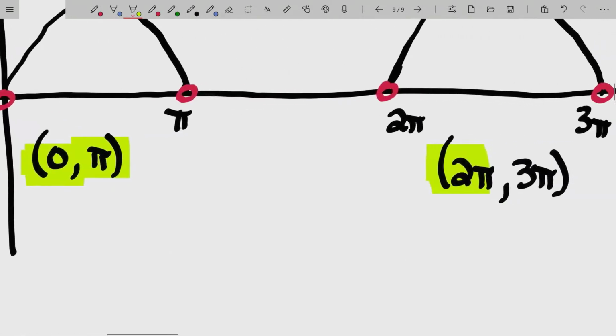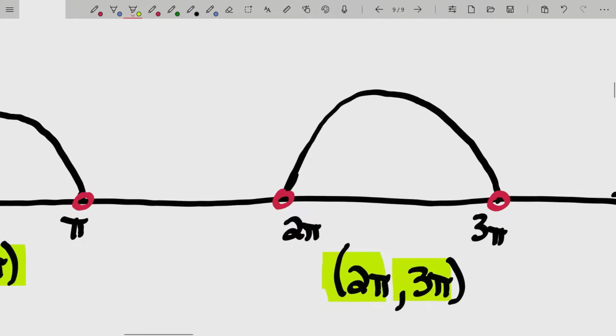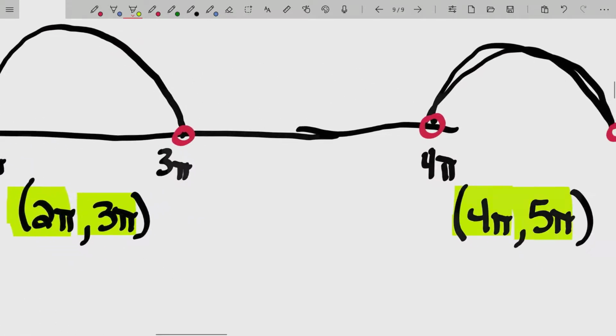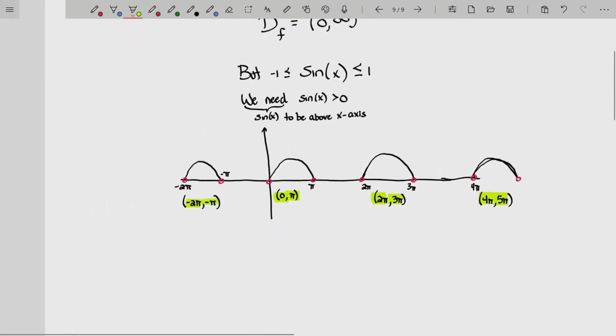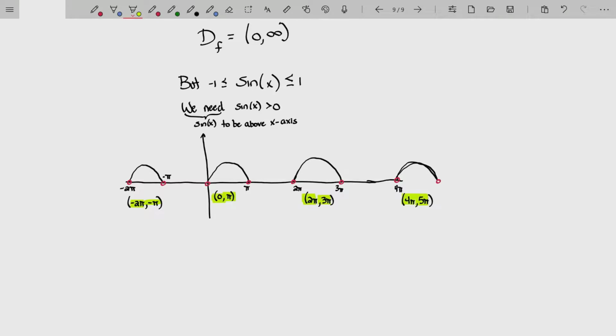Negative 1, 1, 3, and 5, and you can guarantee the next one will be 6 to 7, and so on and so forth. So, the domain of our composition, we're going to build it in steps here.